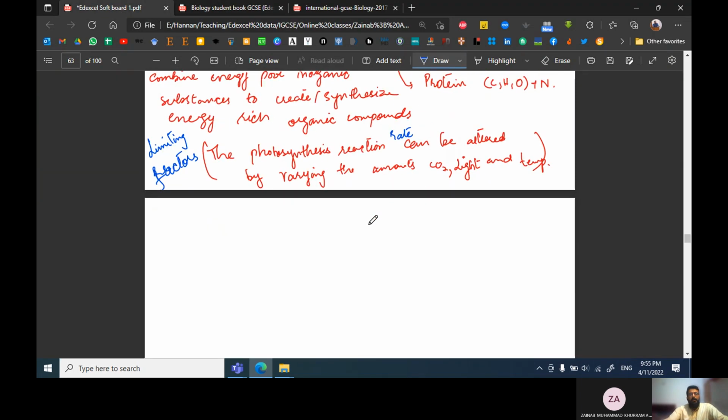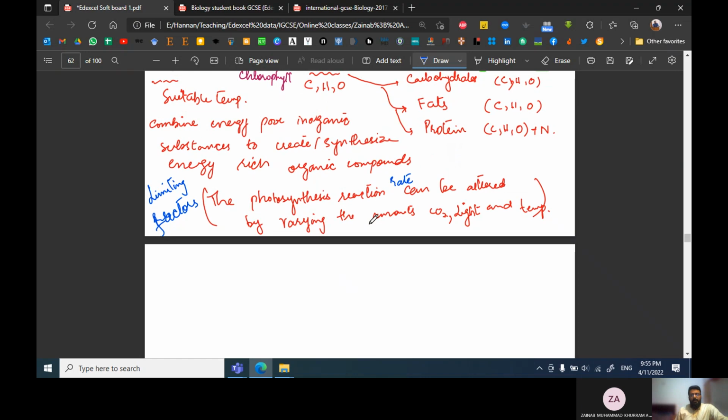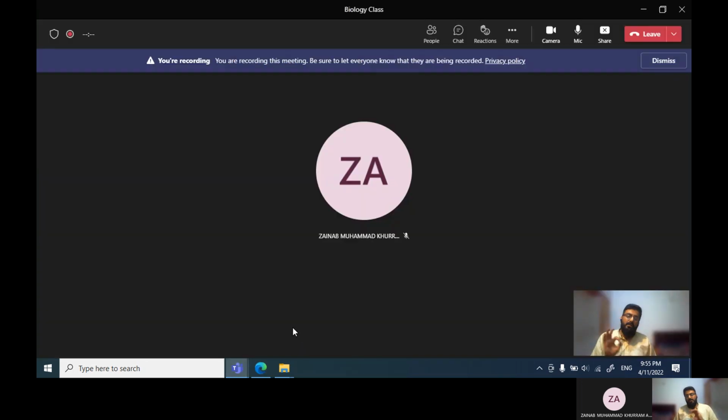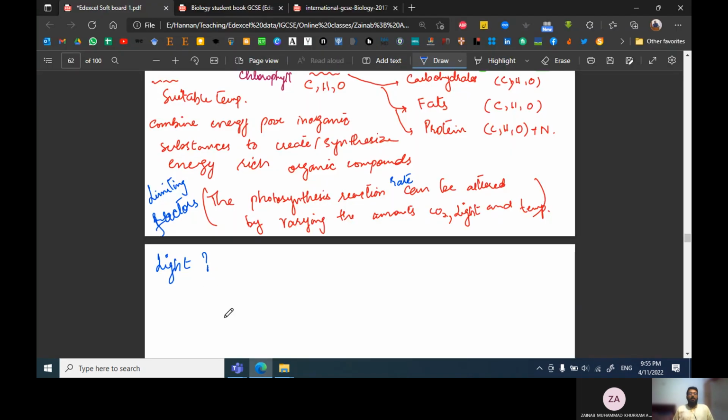So let's have a discussion about when these factors are altered. For example, when the light is altered, just be on the natural condition, not artificial, not man-made. Tell me what is the time of alteration in the level of light.